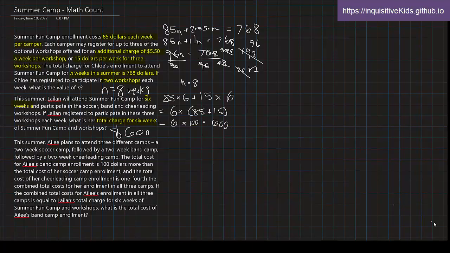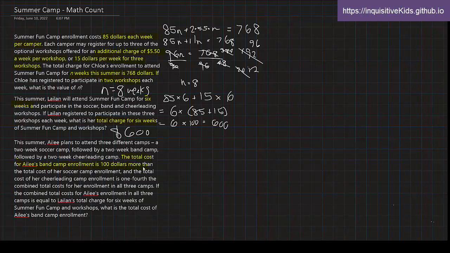This summer, Ailee plans to attend 3 different camps. A 2-week soccer camp, followed by a 2-week band camp, followed by a 2-week cheerleading camp. The total cost for Ailee's band camp enrollment is $100 more than the total cost of her cheerleading camp enrollment.